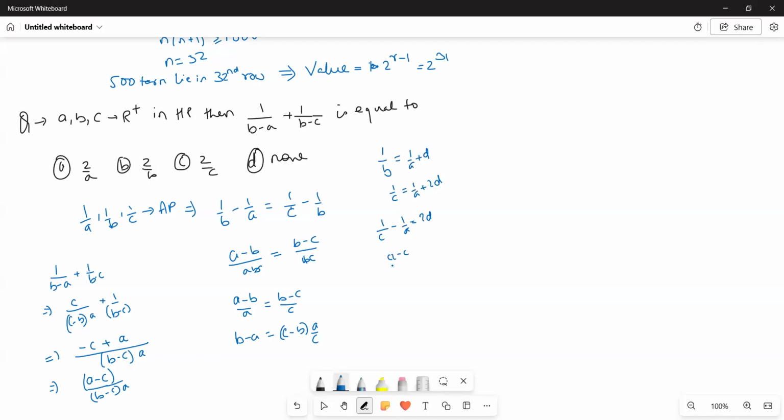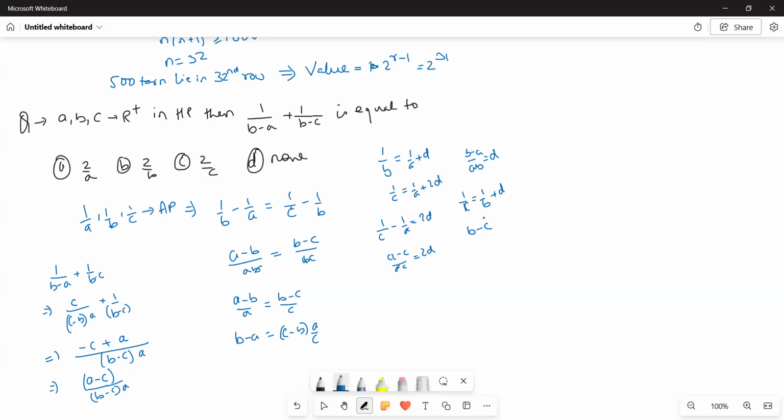So A minus C by AC is 2D. And यहाँ से आ जाएगा B minus A by AB is D. तो और B minus C चाहिए ना. तो ये C और B का रिलेशन है.